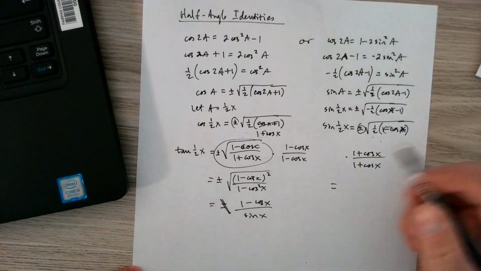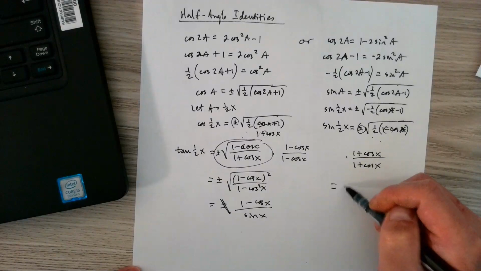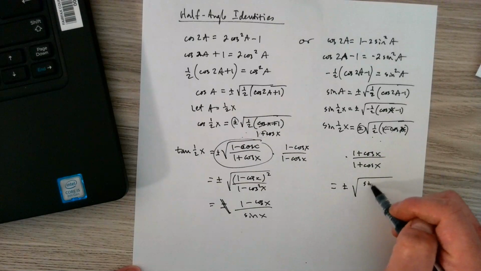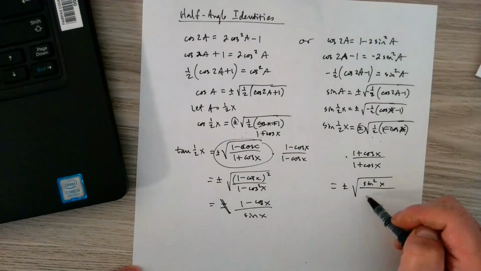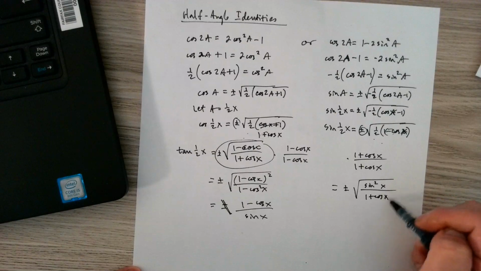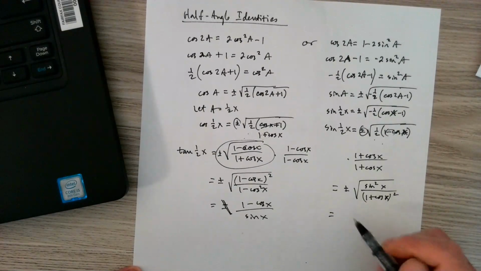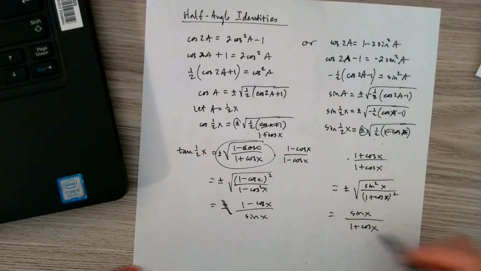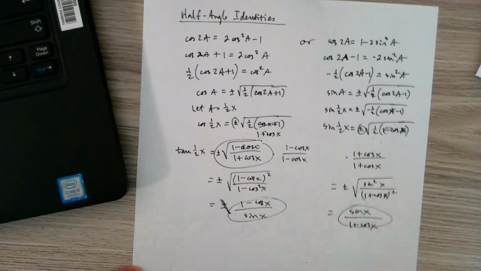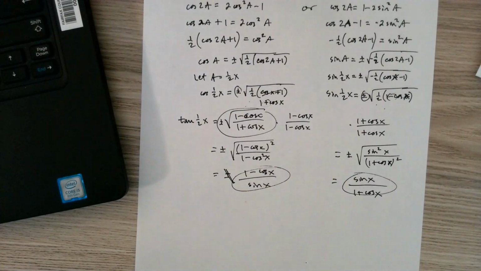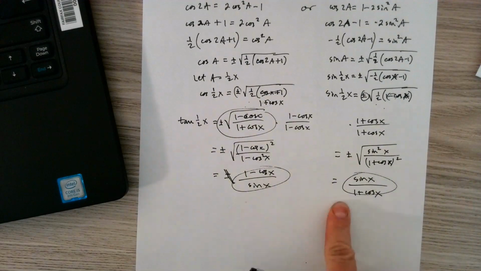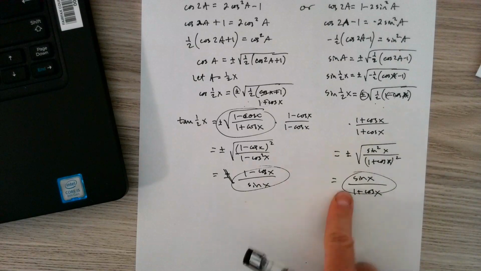So we get, again, plus or minus. The top is going to be sine squared x. Bottom is 1 plus cosine x squared. So the top becomes sine of x, bottom 1 plus cosine of x. So these two are the most often used versions of tan of 1/2 x. And again, the plus or minus does disappear. And I'll save that for later.